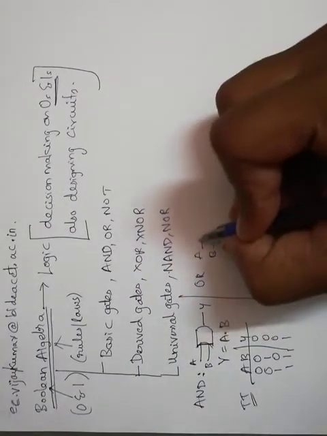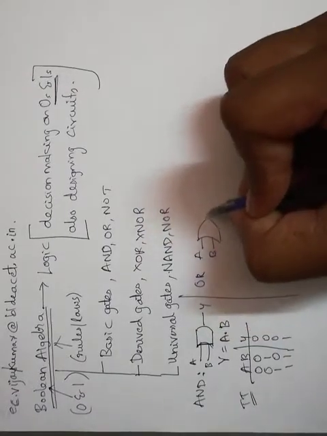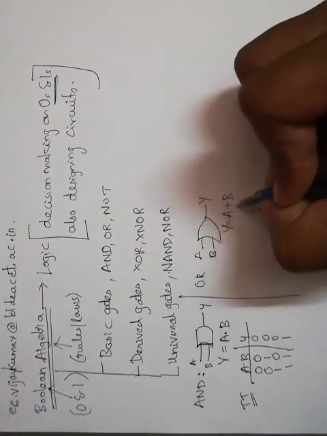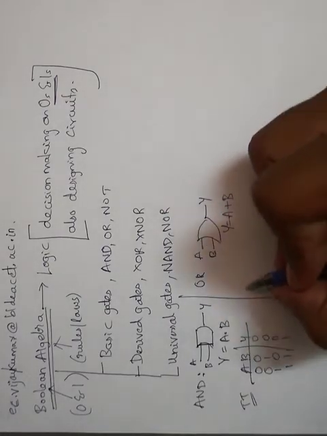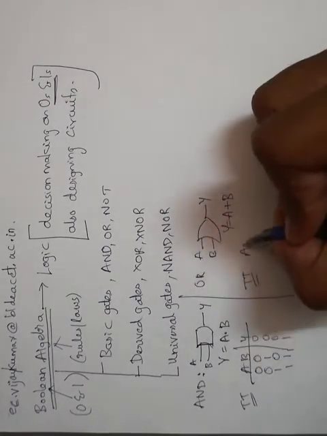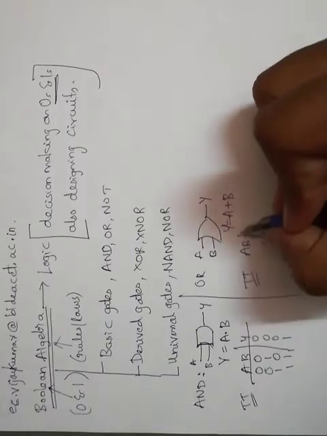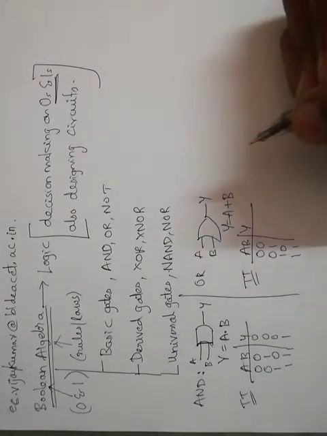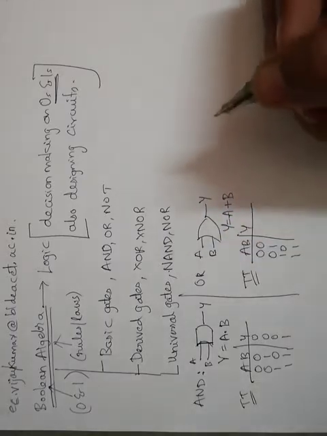OR gate. I'll write the symbol. This is the OR gate symbol, indicated by y equals A or B. Its truth table, again we'll write for combinations 0 0, 0 1, 1 0, 1 1.